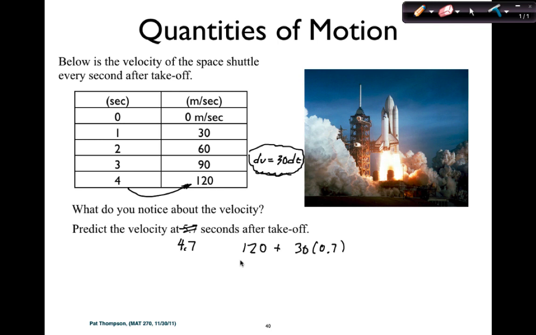Total accumulated up until 4, plus your new accumulated change. Everything accumulated up to 4 plus the additional accumulation. So we have an additional change of time of 0.7, and we know that we'll get a change in velocity of 30 times 0.7 for that. And so what does that turn out to be? 141?